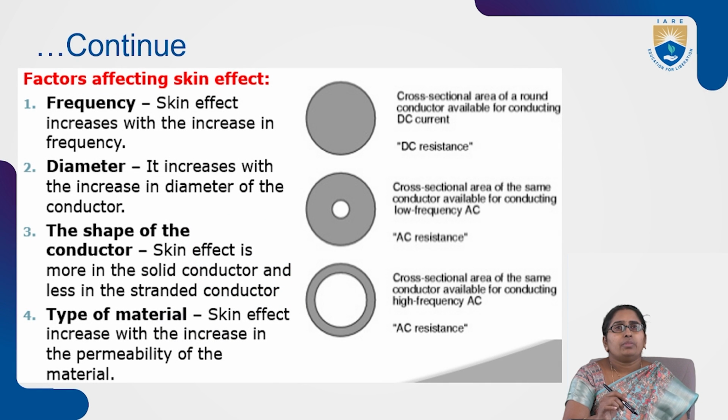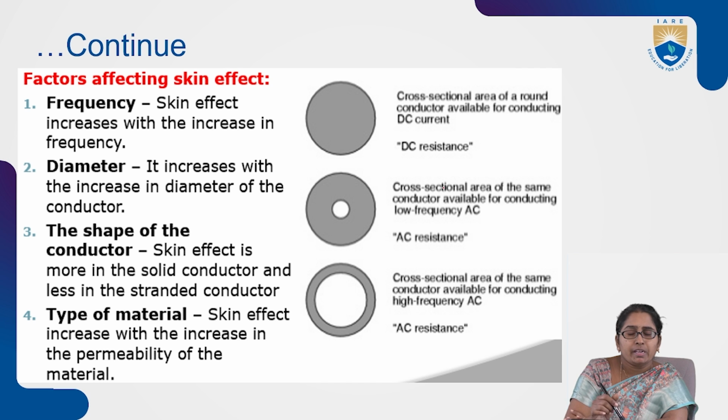And now the factors affecting this skin effect. But before we look at the factors, look at the right side. You can see when a DC current flows through the conductor, then the total current is uniformly distributed over the total surface of the conductor.